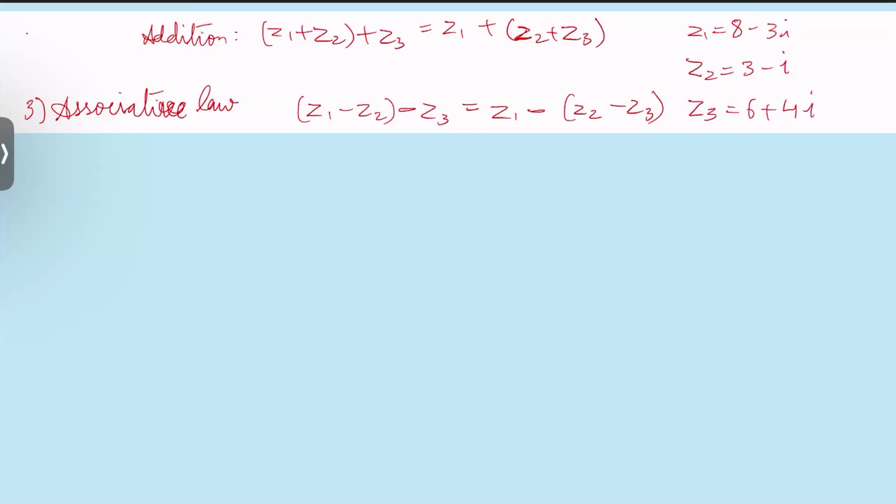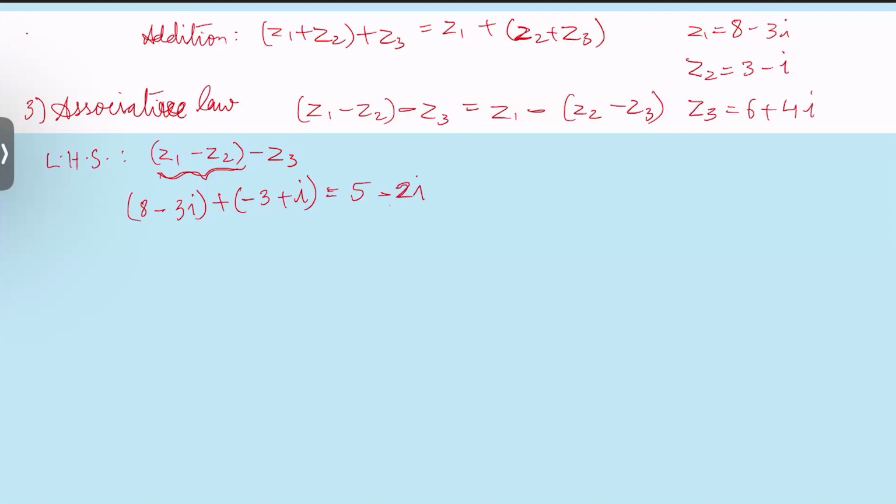First, this is your LHS. The LHS is what we want to find, Z1 minus Z2 minus Z3. First we will solve for Z1 minus Z2, so that becomes 8 minus 3i plus the additive inverse of Z2, so change the signs for Z2. What we get is 5 minus 2i.